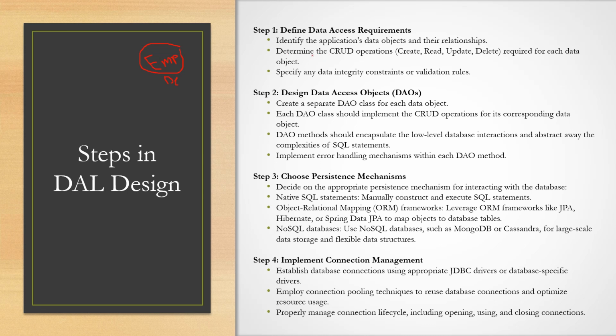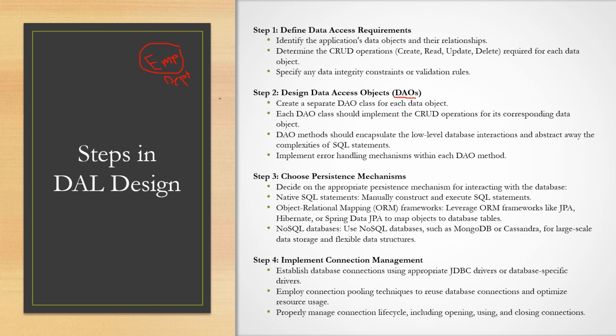So what's next, after we define our objects? Now we go for the next step, which is our concern, and maybe the other steps are just details, but here our concern is designing the DAO.